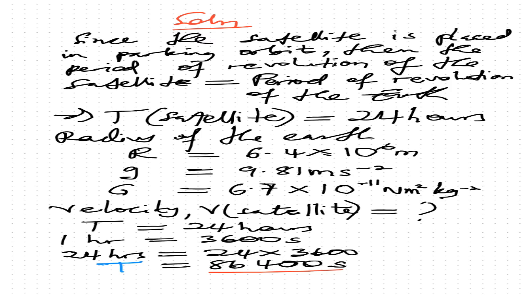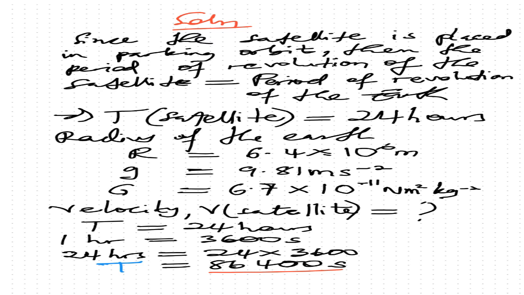You convert this 24 hours to seconds. That's what we did here. Then you realize that all the speed expressions contain small r. So with this period, you can find the small r, which is the distance from the center of the Earth to the satellite.